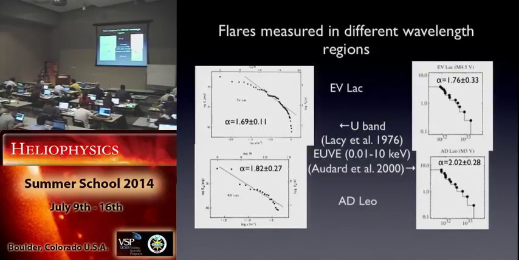You can speculate that any CMEs that might be accompanying these large flares would themselves be very massive. I had one plot up showing some results of one paper, and Ofer is going to talk in more detail about what you would expect to see if you try to model a stellar CME using the solar flare CME analogy.